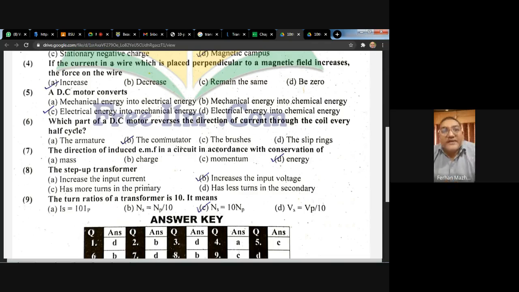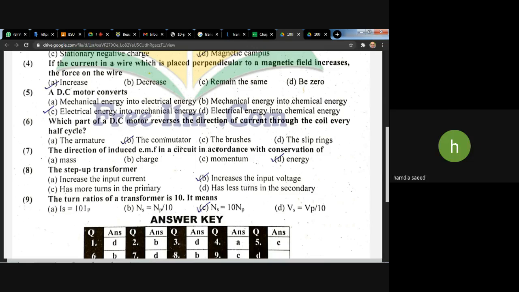A DC motor converts mechanical energy into electric energy? No. Mechanical energy into chemical energy? No. Electric energy into mechanical energy? Yes. It converts the electric energy into mechanical energy. So C is the right answer. C is the right choice for question number 5. You understand?